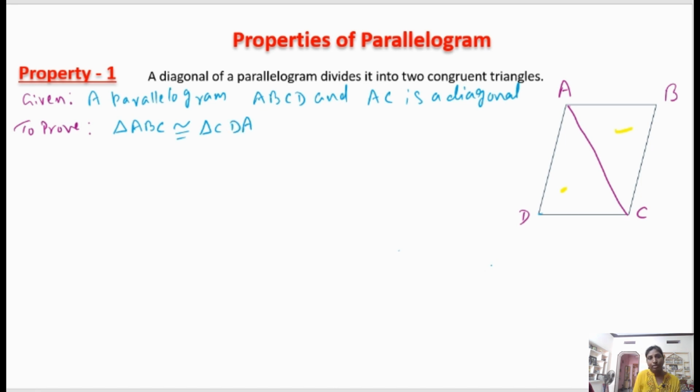Okay, now let us start the proof. Here AB is parallel to DC, and AC is a transversal. See, AC is a transversal. You can see the Z shape.